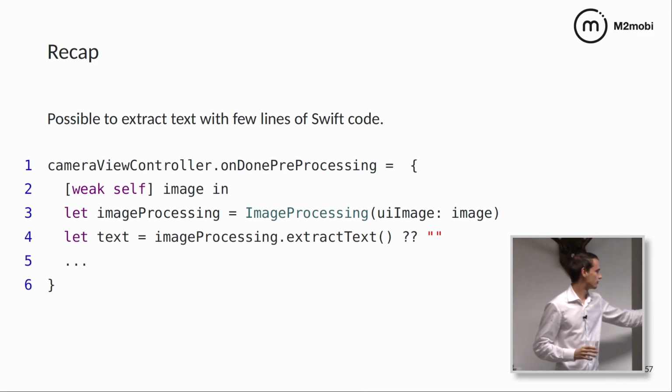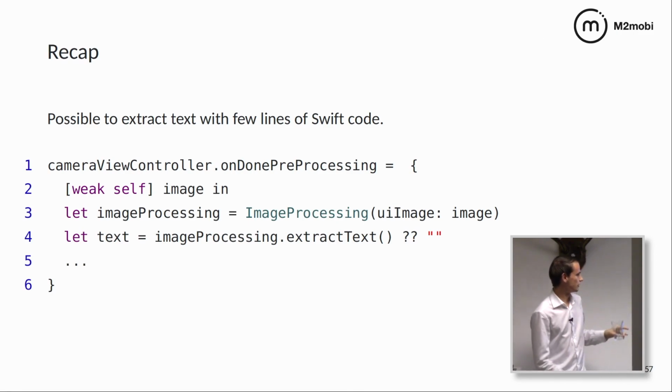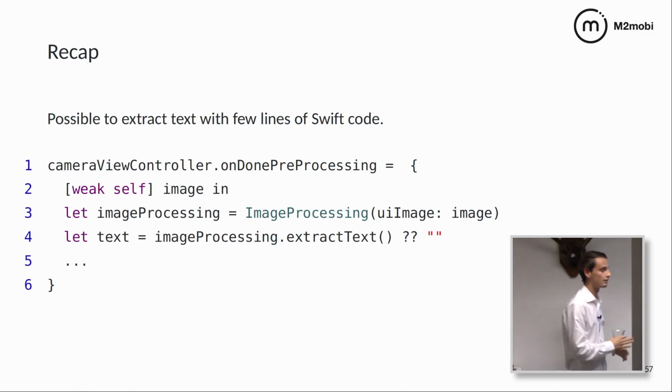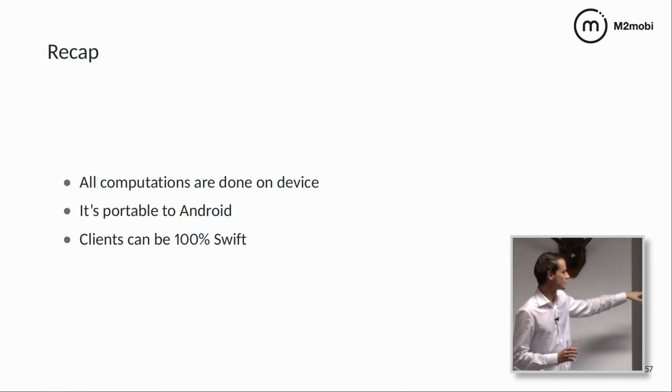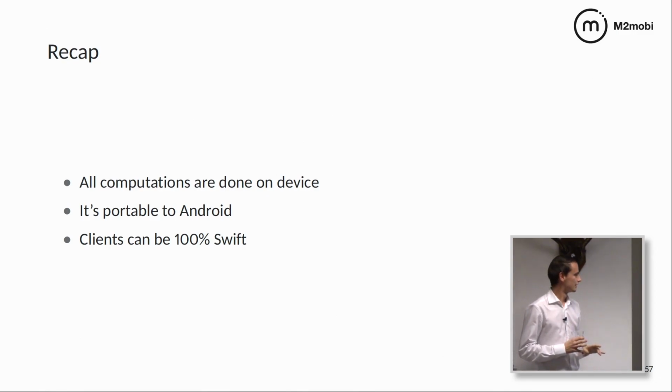And you can do anything with it from here. So this is what we do in actual Swift projects. So what we've actually achieved is that all the computations are done on the device. It's portable to Android, and client apps are 100% in Swift.